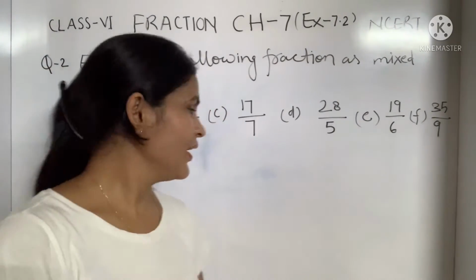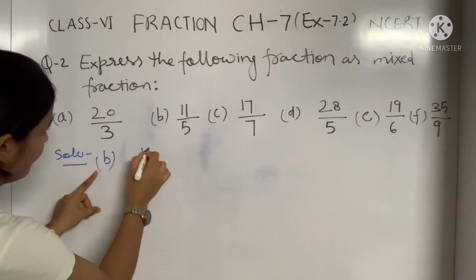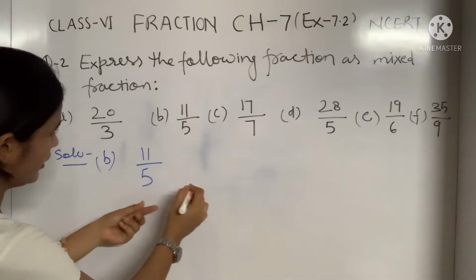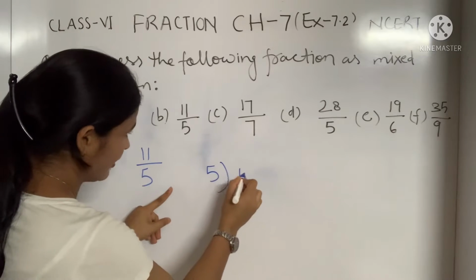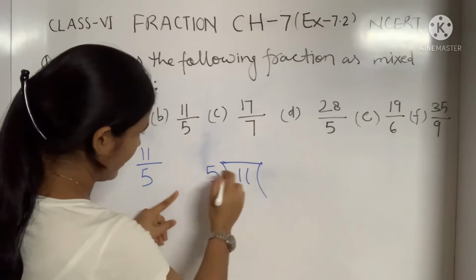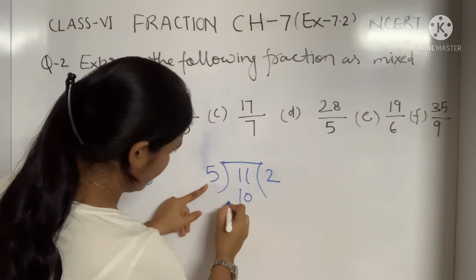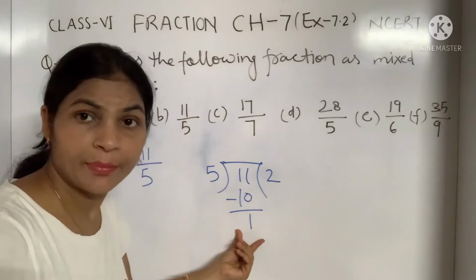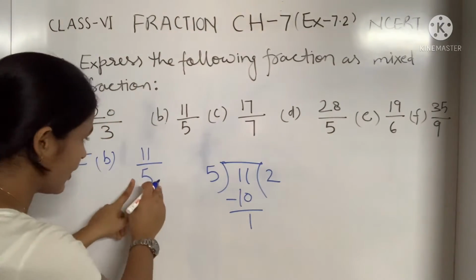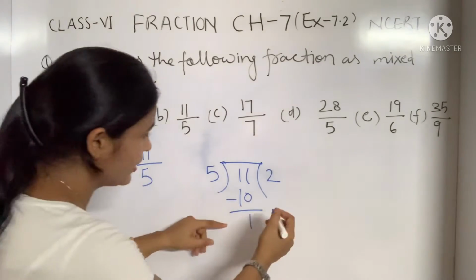So see part B. 11 upon 5. How can we write this? 5 here, 11. We have to divide 11 by 5. 5 2s are 10. After subtracting we get 1 as a remainder, and 5 stays in the denominator. So how can we write it as a mixed fraction?